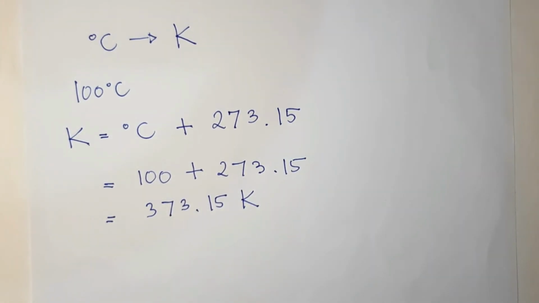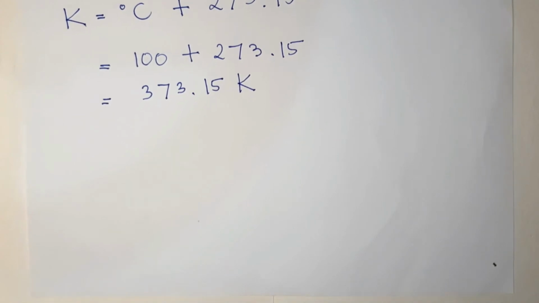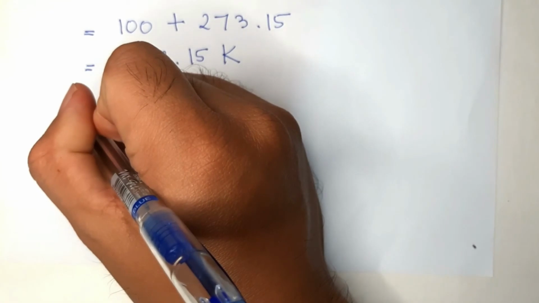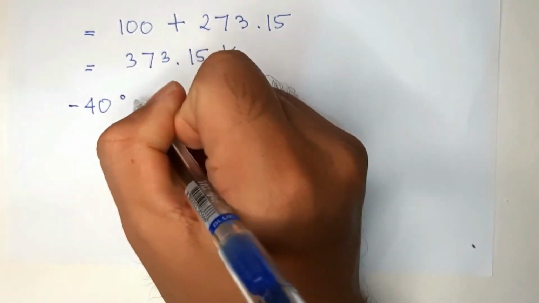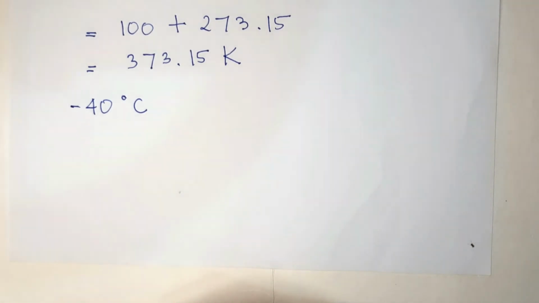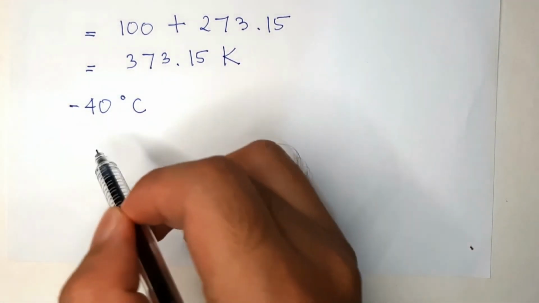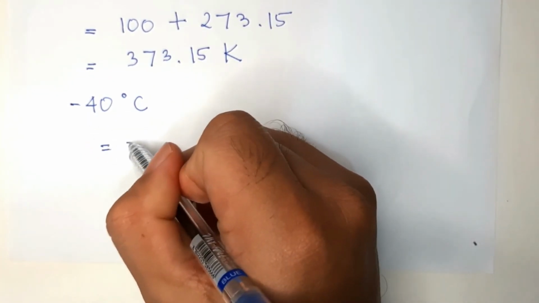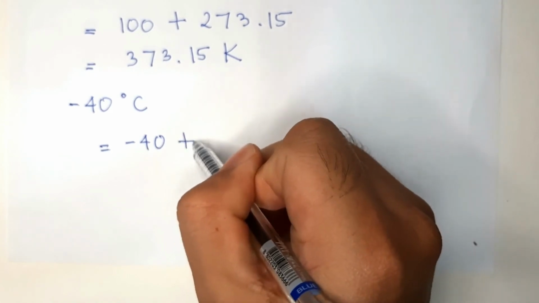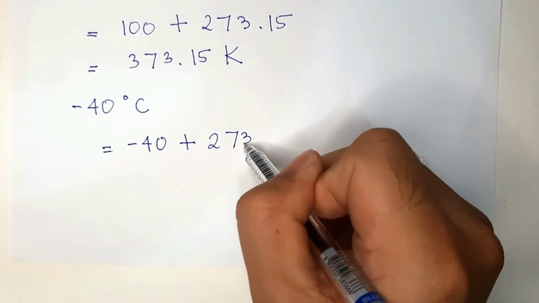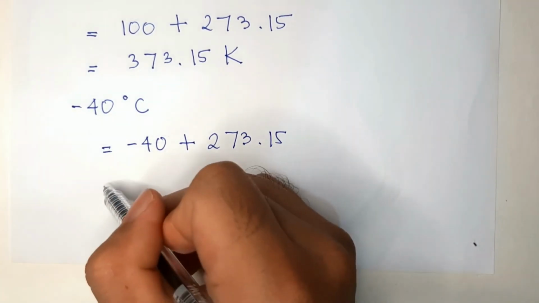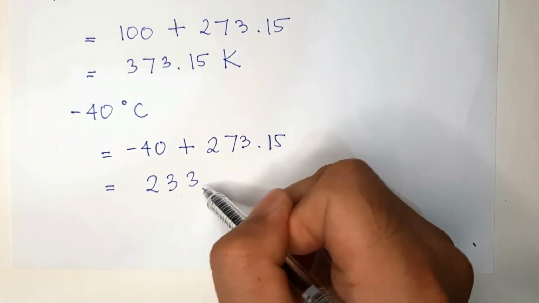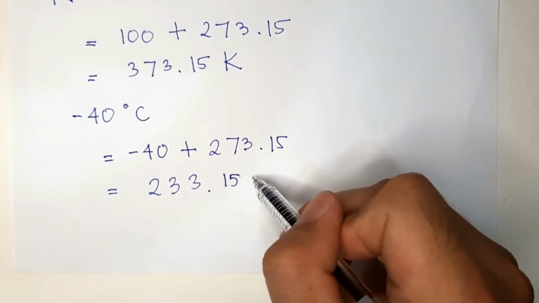So now it's your turn. Feel free to work on these examples and pause the video. So our next example is negative 40 degrees Celsius. Again, we use the formula and plug in this value. So negative 40 plus 273.15 equals 233.15 Kelvin.